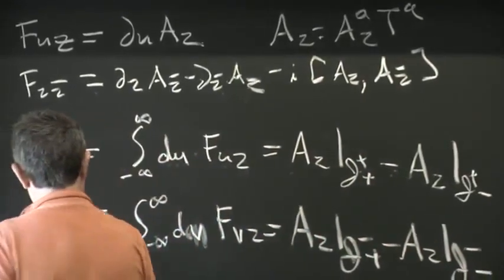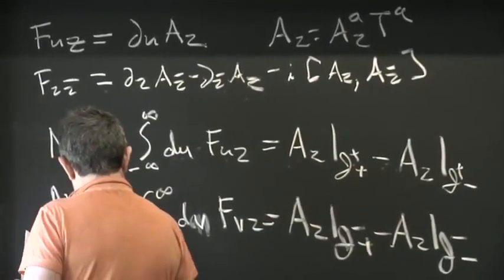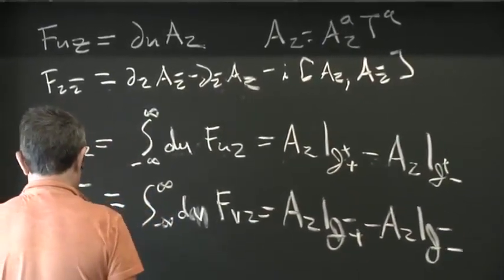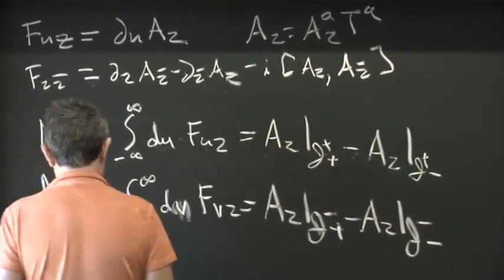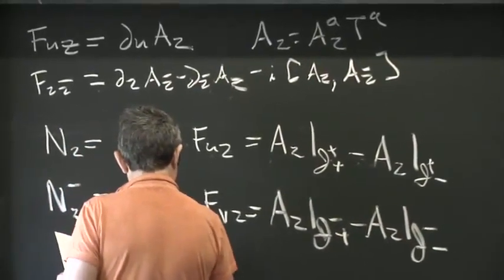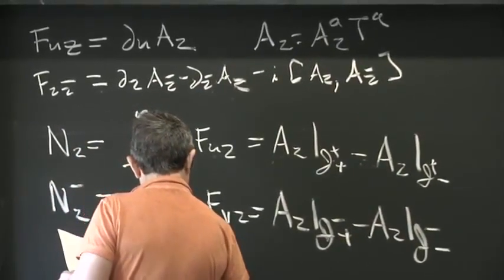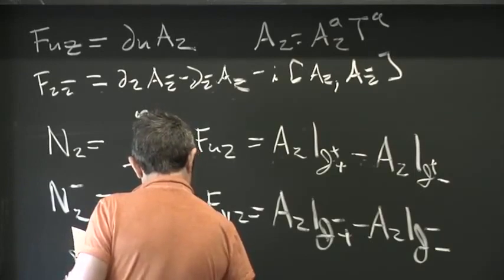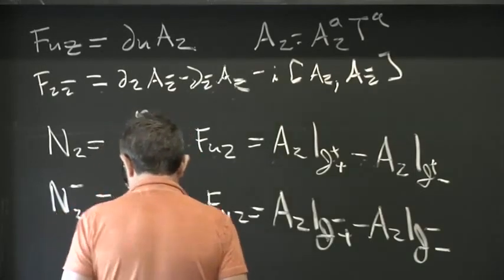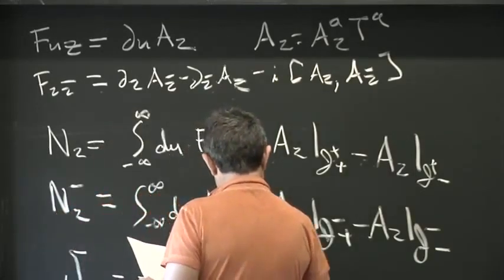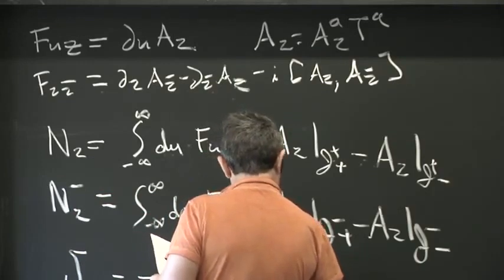And finally, we defined, for future use, a current J_z is minus 4π over the square of the Yang-Mills coupling, of N_z minus M_z.